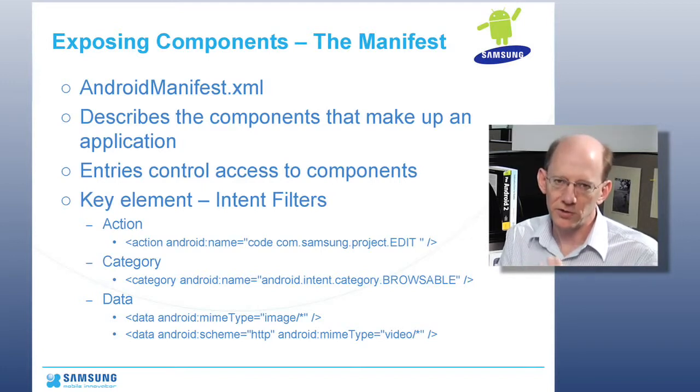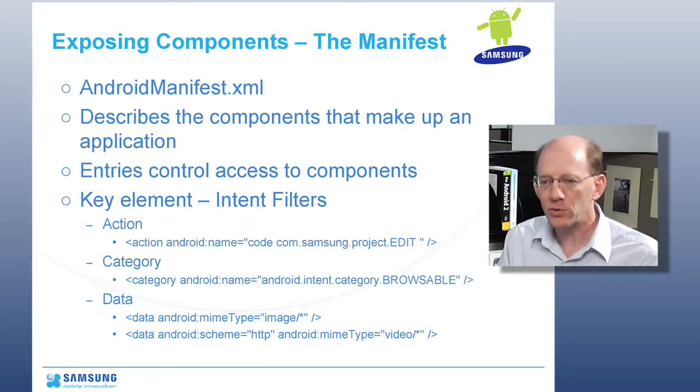An example is editing. It can have a category, an example being whether something's browsable. Or it can talk about what particular kind of data it can deal with. So you can go by MIME type, or more extensively you can go by a scheme, like you can decide that it's HTTP access and also like a video MIME type. So you have a huge amount of flexibility in how you define which intents you want to handle.